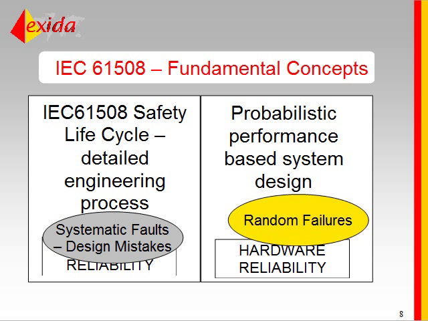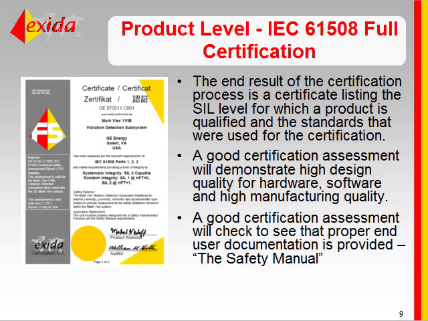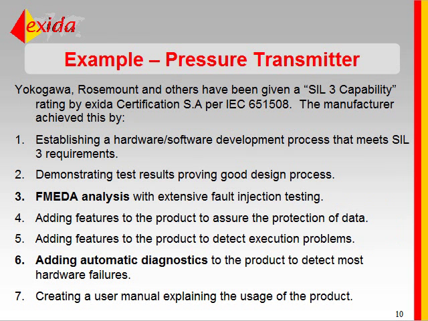FMEDA is an essential part of the probabilistic performance-based system design concept. FMEDA is an essential part of product certification per IEC 61508, which we will talk about. Manufacturers who get certification will typically do an FMEDA analysis, and there are two reasons.